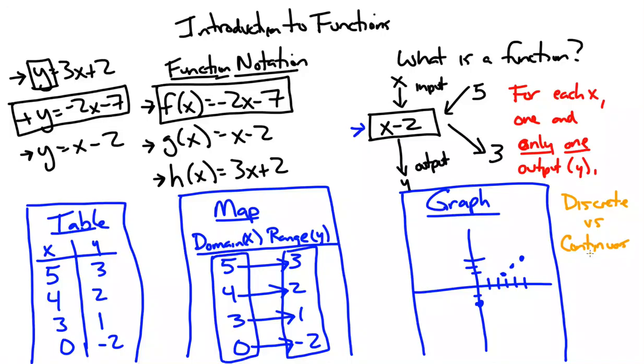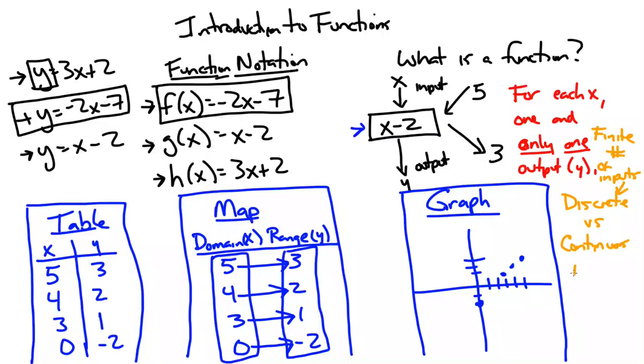So all the things I've shown so far here are discrete. When I put in a 5, I get a 3. When I put in a 4, I get a 2. There's a finite number of inputs. Discrete is a finite number of inputs. Sorry, I'm running out of space, so let's just say finite number. Finite number of inputs. Okay, that's discrete.